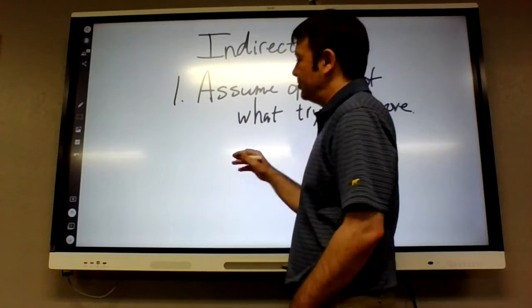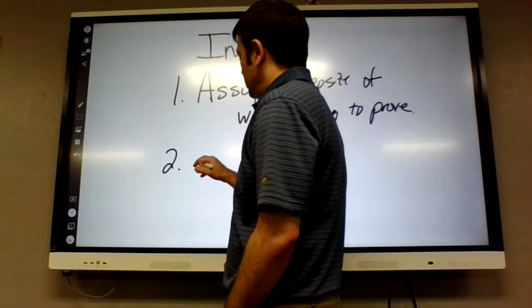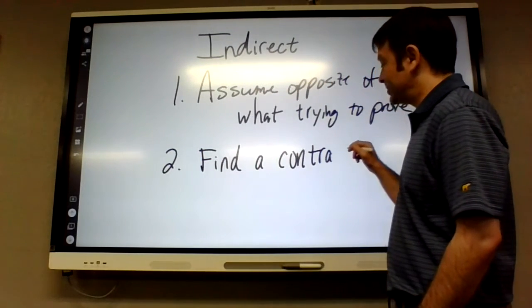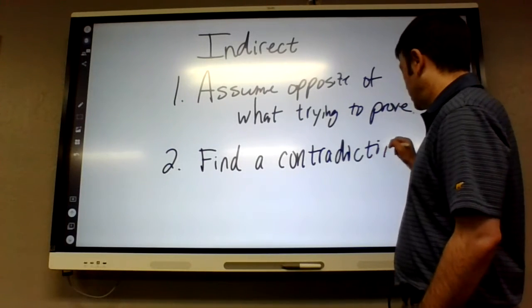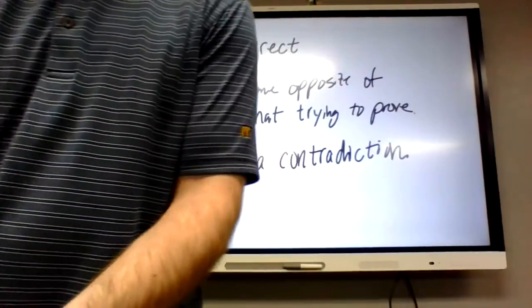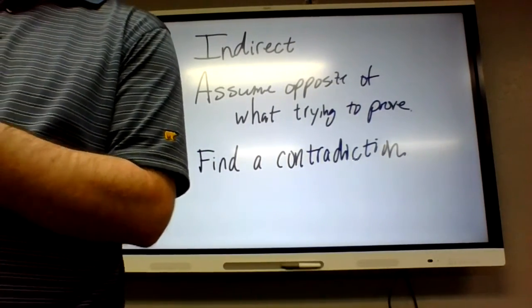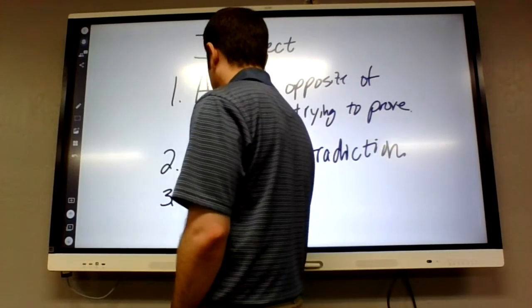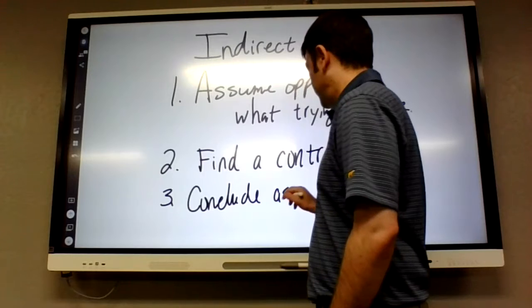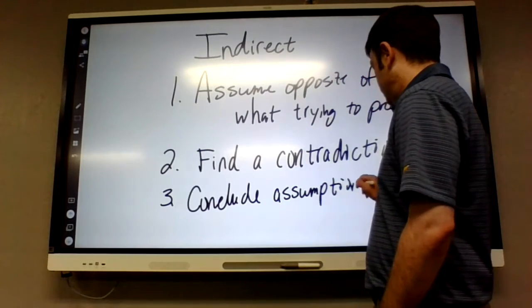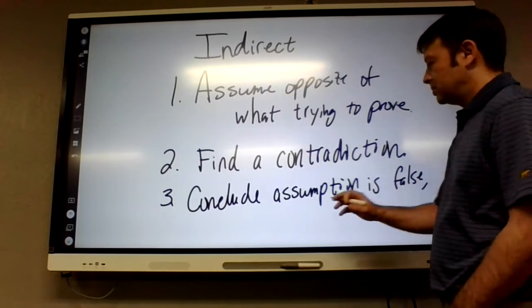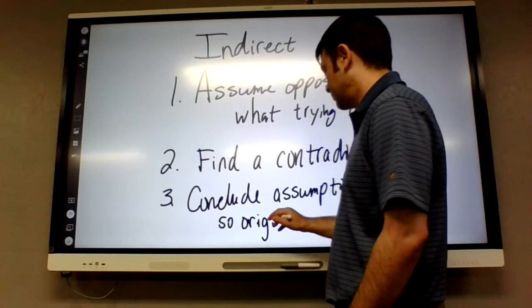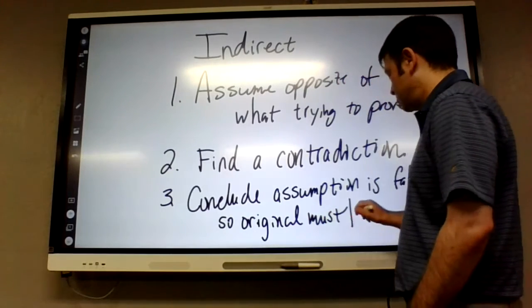Okay, and then you find a contradiction with that false assumption, and then you conclude the assumption is false, so the original, what you're trying to prove, must be true.